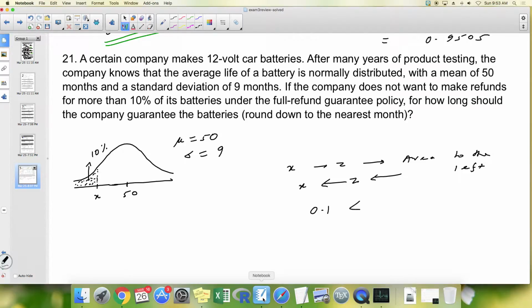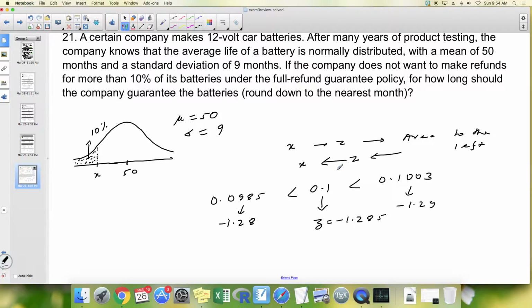The z-score for this is minus 1.29, and for this is minus 1.28. Hence, our required z is the average of those two, minus 1.285.